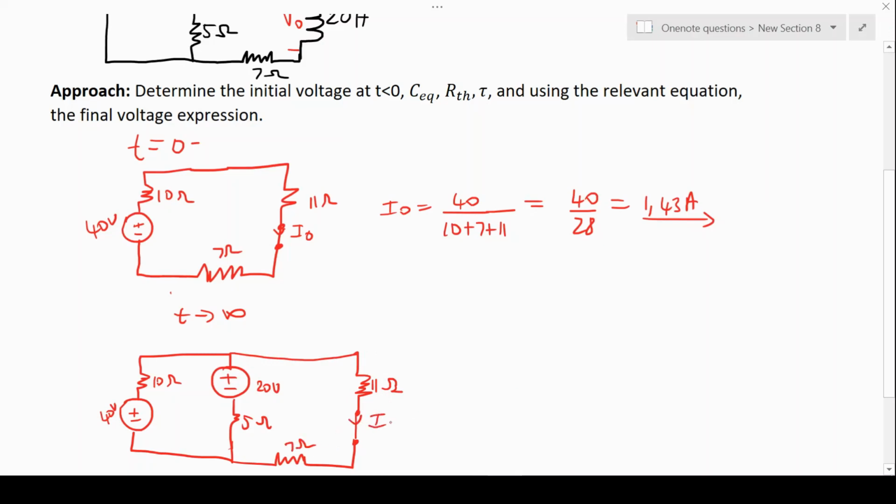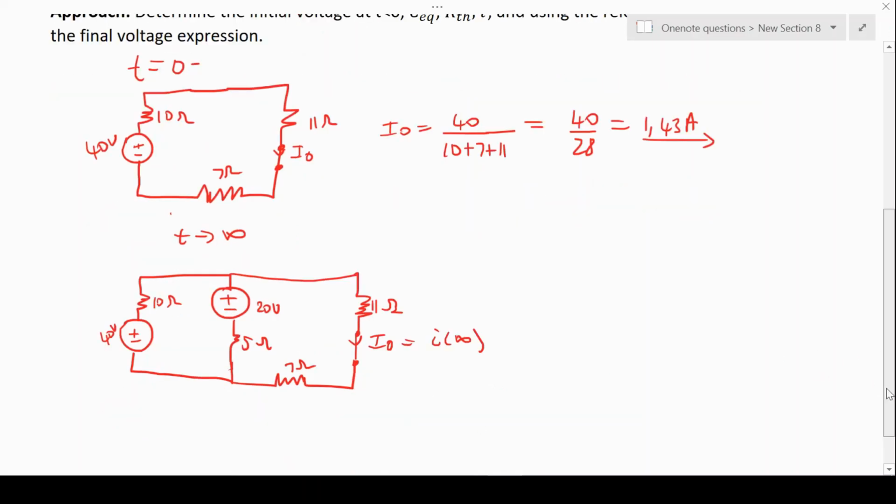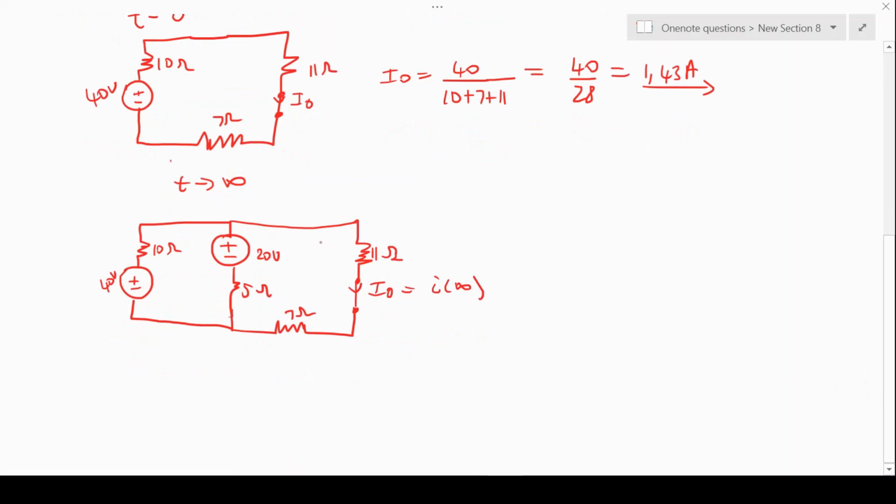And we are looking for the current I0, which would be the same as the current I at time t equals infinity.